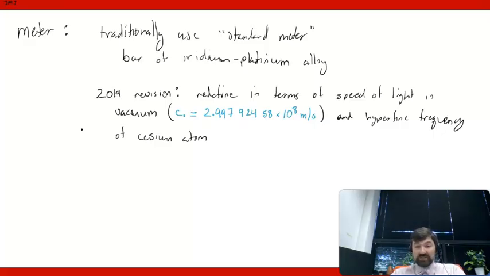This is an exact value, by the way. There's infinitely many zeros after this 8. And then the hyperfine frequency of a cesium atom, which I will define when we talk about time.